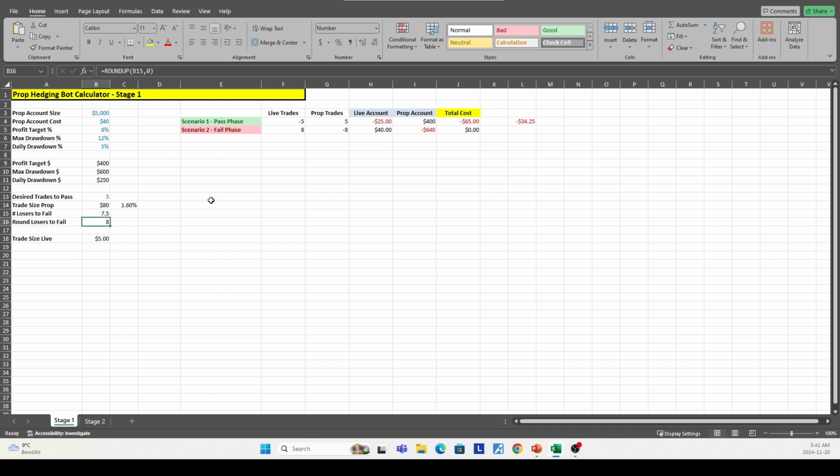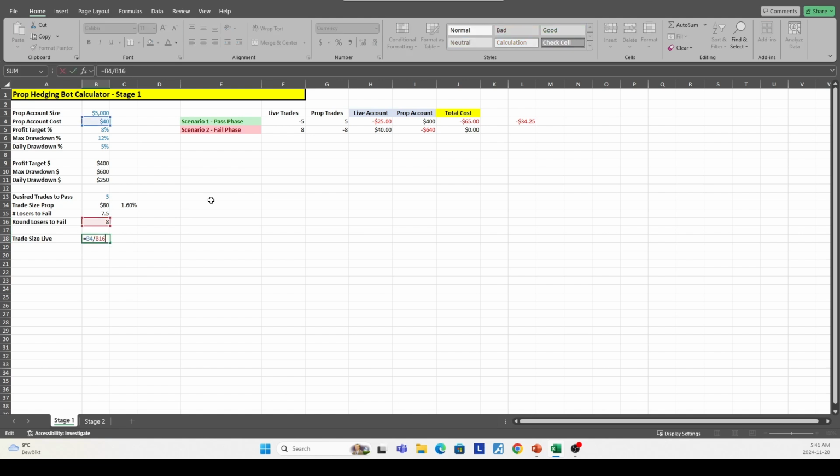This is simply because we assume that if we open the eighth trade and it's a loser, we would automatically by default lose the challenge because the floating drawdown would hit you. But ideally, the winner in the live account would still hit your take profit, and you would still be able to capitalize and make money with that trade.